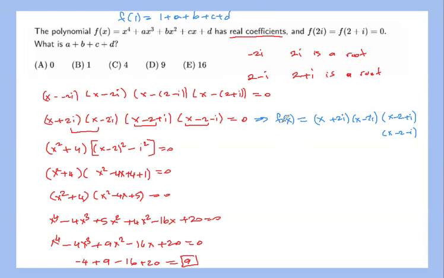So f of 1, let me plug 1 for x, so that should be f of 1 equals 1 plus 2i. Actually we could just use the simplified one because that's kind of easier. So this is going to be 1 squared plus 4, which gives us 5. And the next one would be x squared minus 4x plus 5, so we just plug 1 for x.